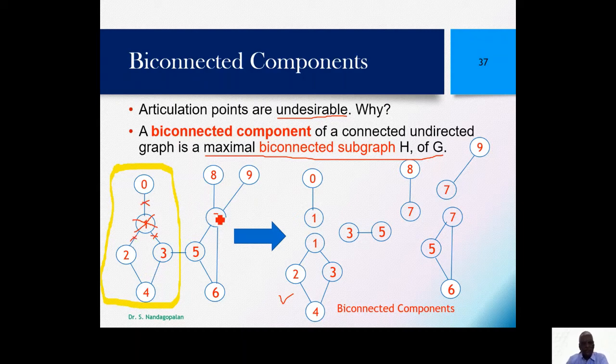Any subgraph which we are trying to call a biconnected component should not have articulation points.